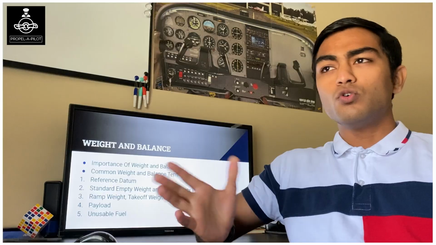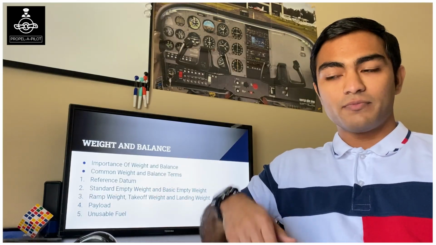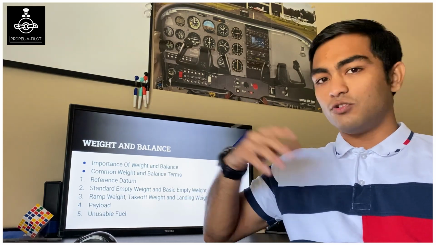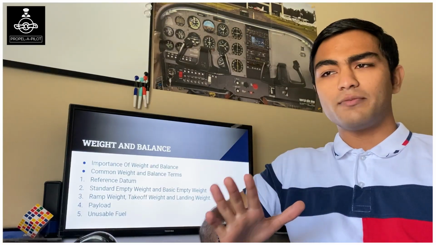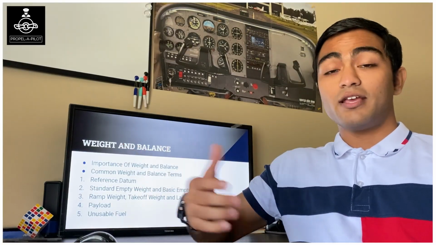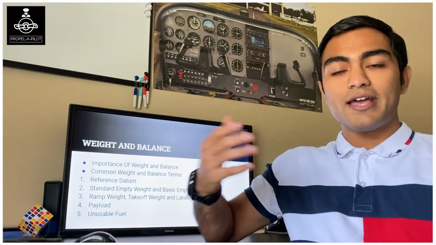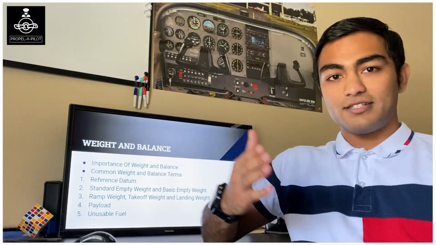Older airplanes used to use something called licensed empty weight. I'll give you a quick note on what licensed empty weight is and how you can use it if you come across one. Now understand this, the weight of an airplane changes over its lifetime. You might add radios, add equipment, remove equipment, add extra things. Anything that changes weight also changes the CG.